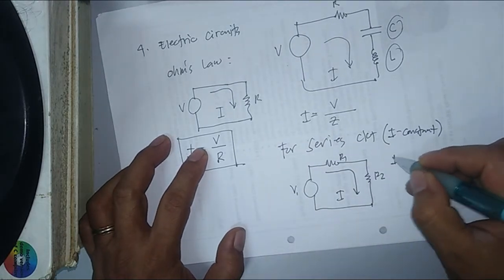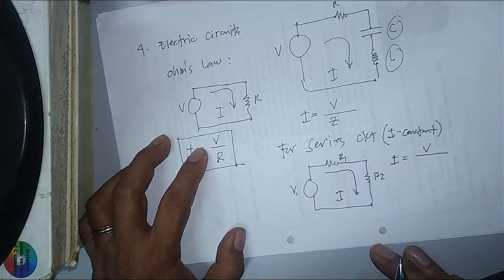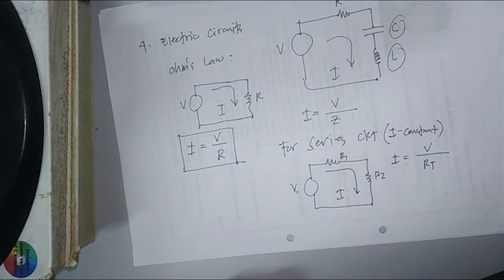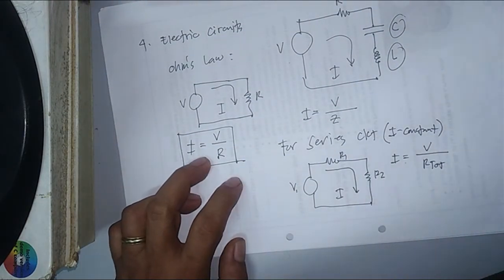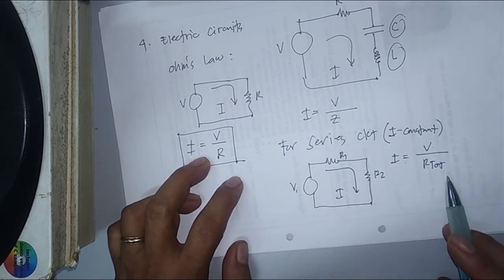Now to solve for I, all you have to do is find the total resistance. I will label this as R total. I equals the voltage all over the total resistance.